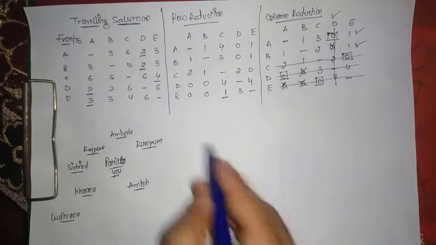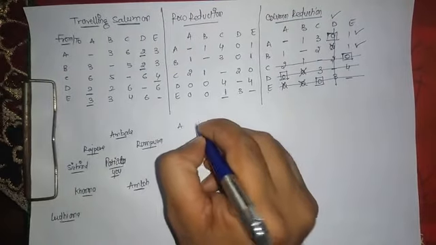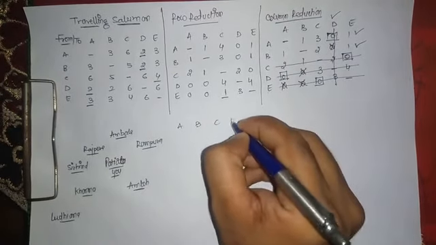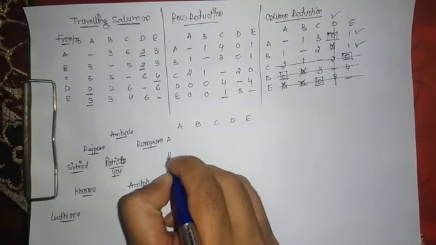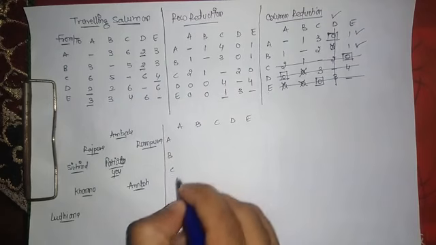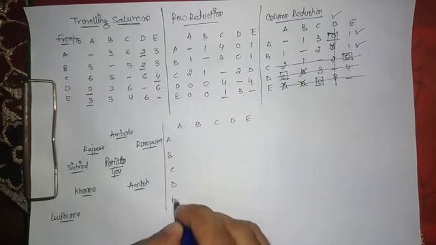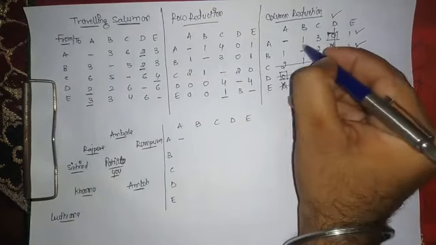the improved table. So again, here it is: A, B, C, D, E. A, B, C, D, E. It will remain the same, and the smallest element is 1.